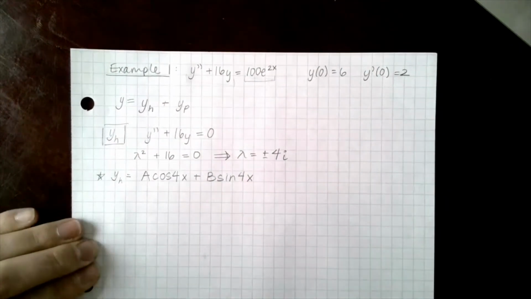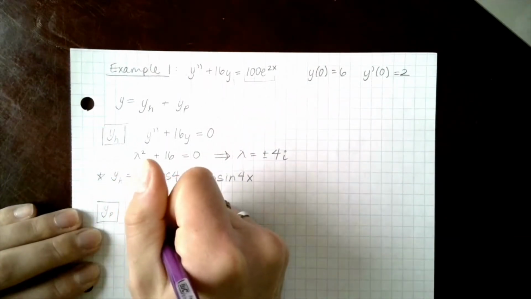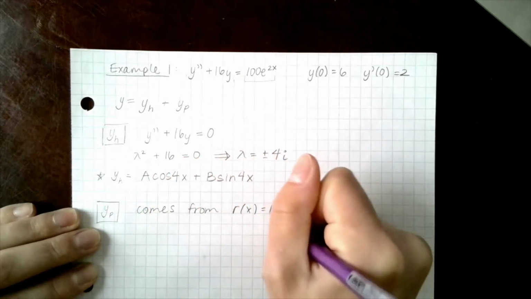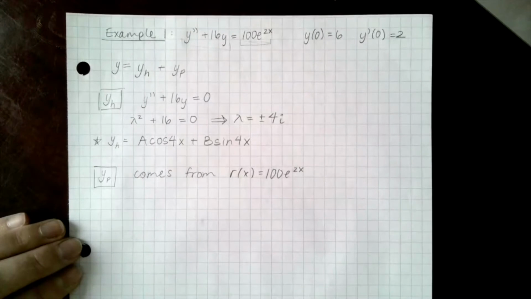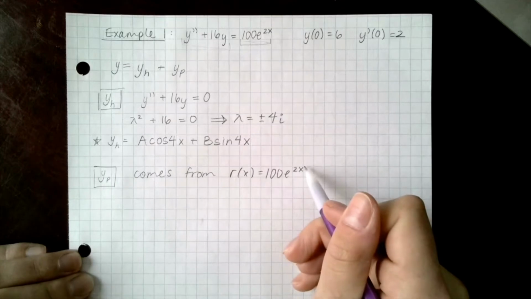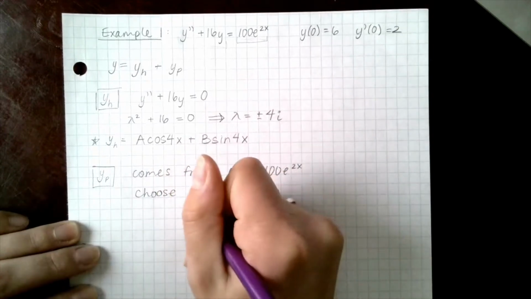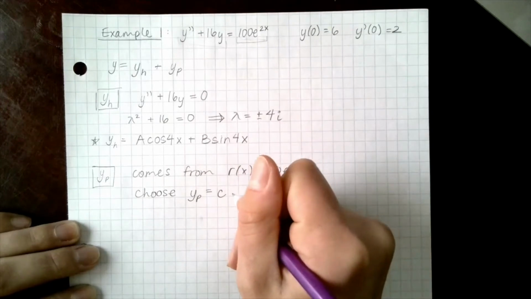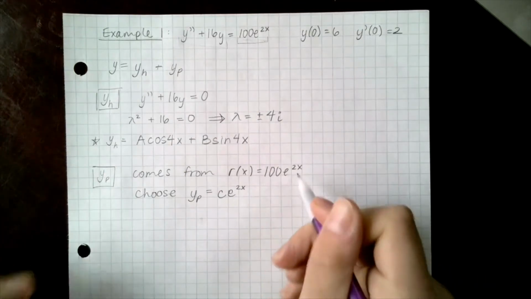The second part is to solve y sub p. And y sub p is going to come from the fact that r is equal to 100e to the 2x. Since we know that r is a function of a constant times e to some power, we can choose from the table: we choose y sub p to equal some other constant, we'll call it c, times e to the 2x, and that exponent stays the same as it did from r of x.